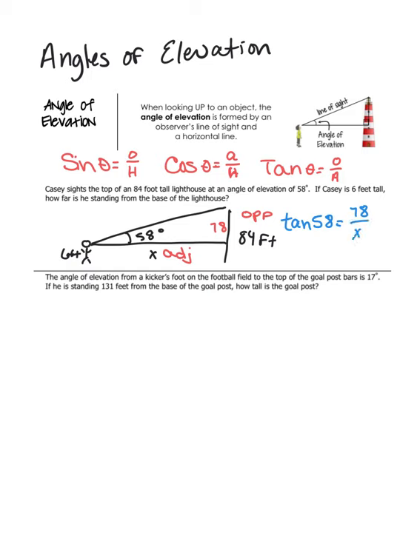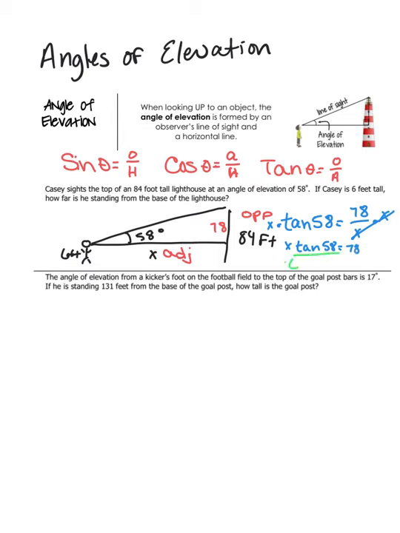Now, because I have a variable in my denominator, I'm going to have to multiply by x, because it's going to be a two-step problem. I'm going to have to multiply by x to get my variable out of my denominator. To get anything out of the denominator, we always have to multiply. So I get x times the tangent of 58 is equal to 78.